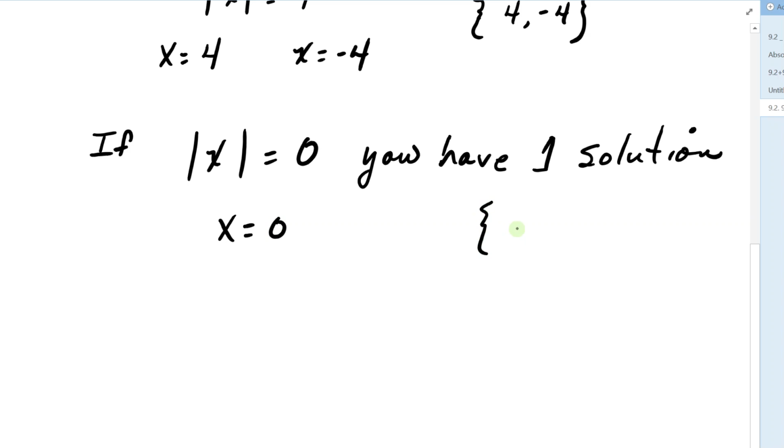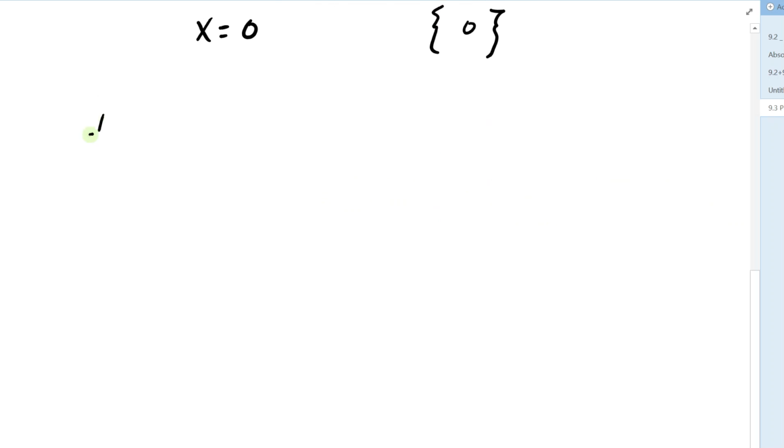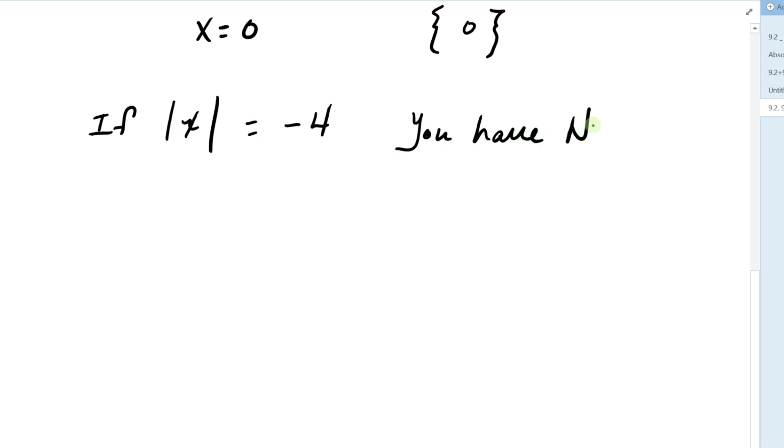In my math lab, they'll have the solution set braces for you, and you will just enter 0 in a problem such as that. Finally, if you have absolute value of x equal to any negative quantity, then you have no solution. There is nothing you could put in the place of x that would have an absolute value that is negative. That's impossible.